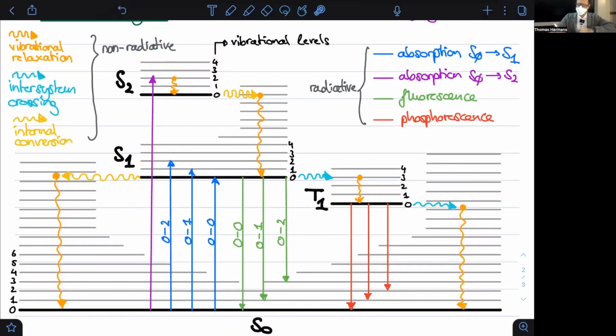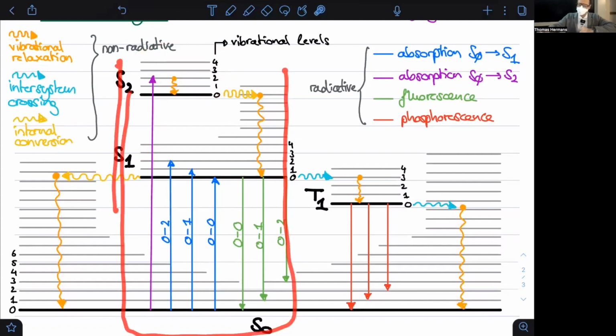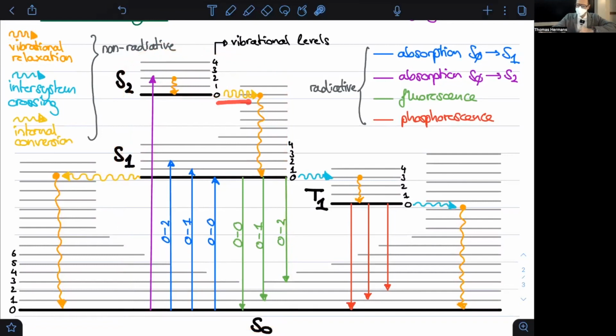We'll write it out later. So we have vibrational relaxation, so it's within one electronic state. We have internal conversion. So this is a non-radiative process that goes within the same multiplicity. So I stay here. I'm still all in singlet state. So if I cross from S2 to S1, I have internal conversion, right?